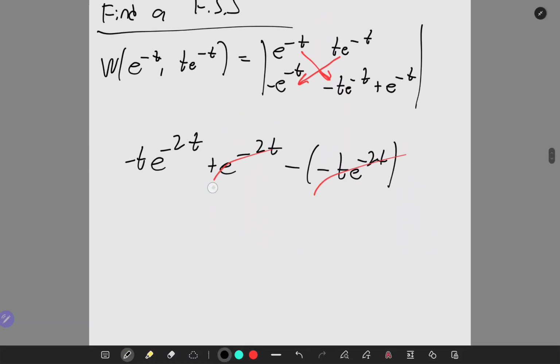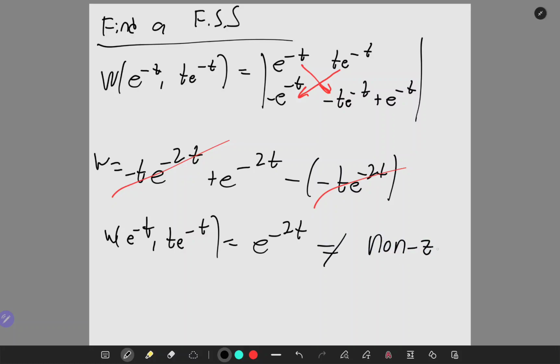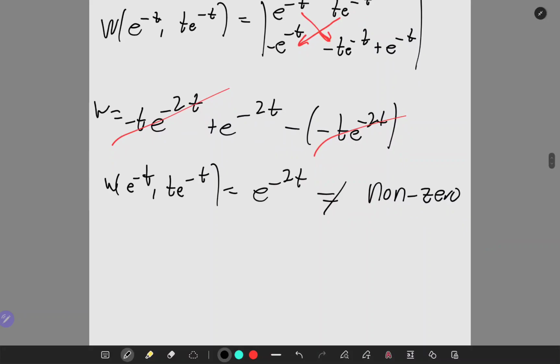Oh, wait a minute. Those don't cancel. These cancel. So then we're left with the Wronskian of e to the negative t and t e to the negative t is equal to e to the negative 2t. That is non-zero. So it is a fundamental set of solutions.